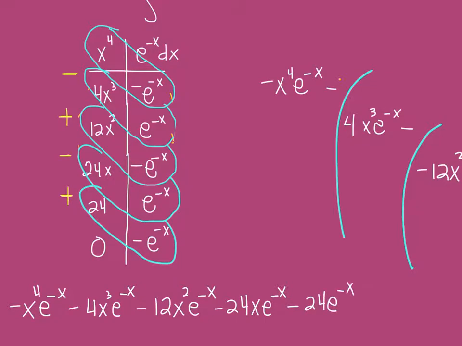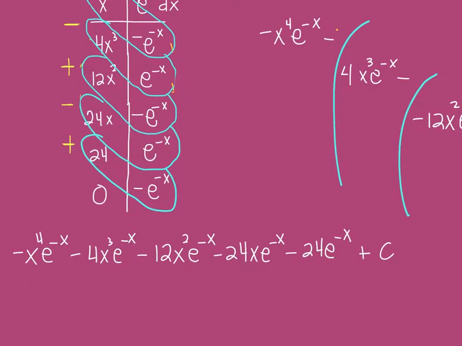And because this is the end of a tabular integration process, what goes on the end of every integration? Plus c. Okay, what do you notice that all of these terms have in common, other than the plus c? They all have e to the negative x. What else? They all have negative. So it is very common for you to see this answer with that negative e to the negative x factored out.